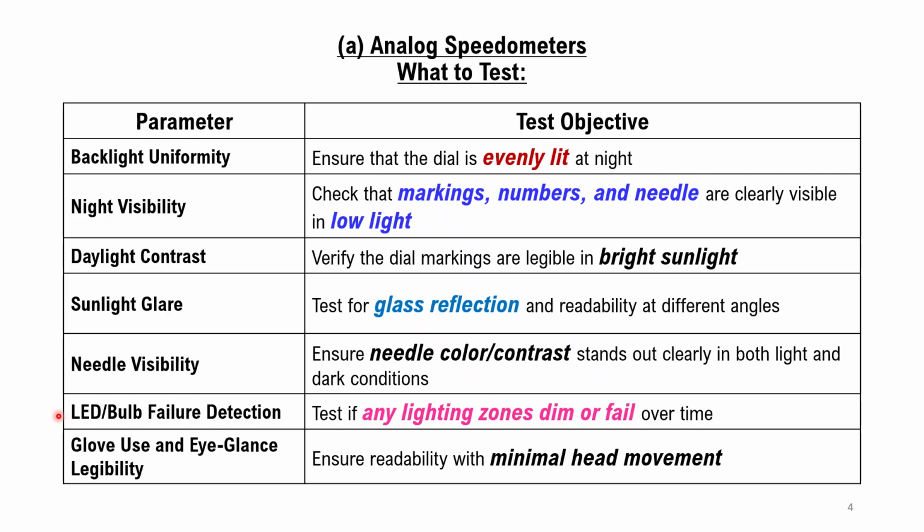Number six, LED or bulb failure detection. Test if any lighting zones become dim or fail over time. Number seven, glove use and eyeglass legibility. Ensure readability with minimal head movement.